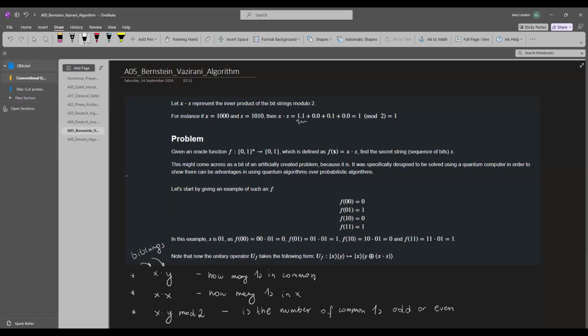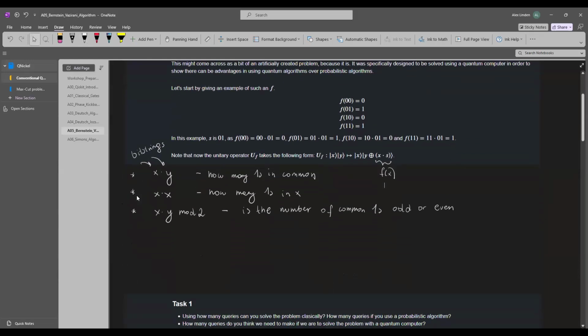So we don't need to use the modulo 2 here. And we can see that it's exactly what we've seen with the outputs of the function. And now the unitary operator will take a little bit of a different form, but that's just because that's f of x. So it's just a slight difference.